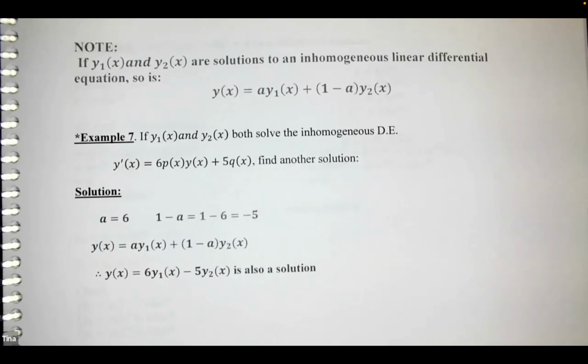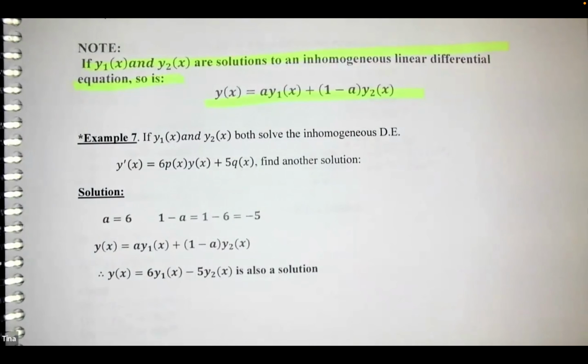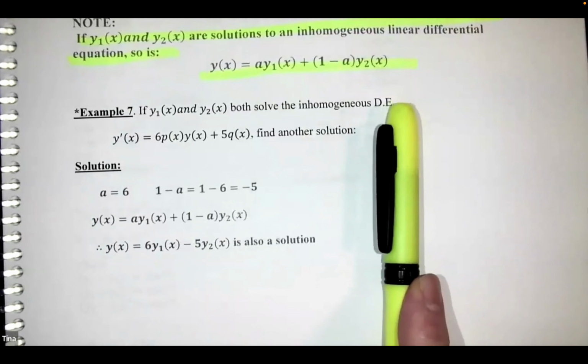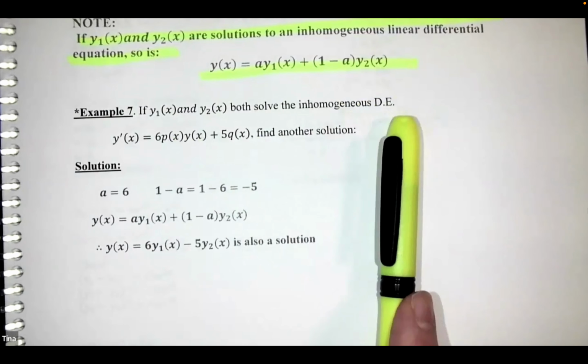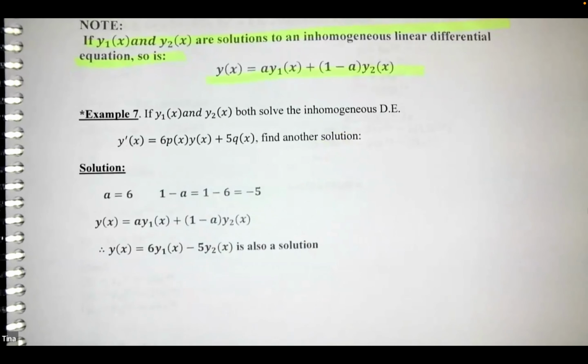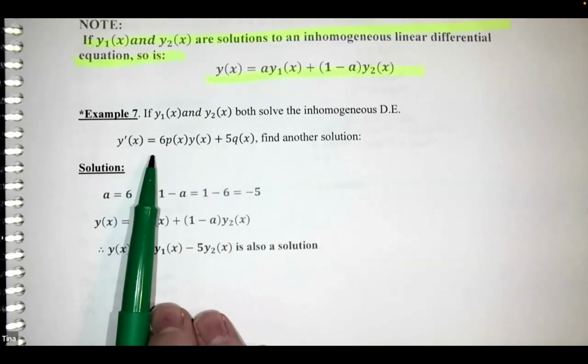And this came up on an exam once. So if y1(x) and y2(x) are solutions to an inhomogeneous linear differential equation, then y(x) is a y1(x) plus (1 minus a) y2(x). If y1 and y2 are both solutions, and they give you this on the exam, then we've got to say, well, what would another solution be? So either of these numbers could be a.